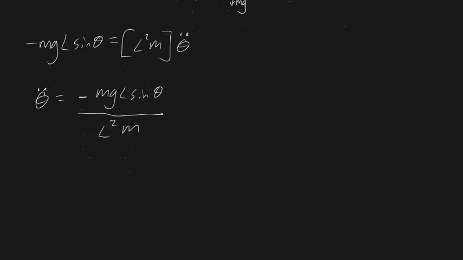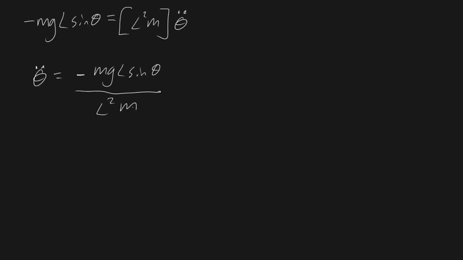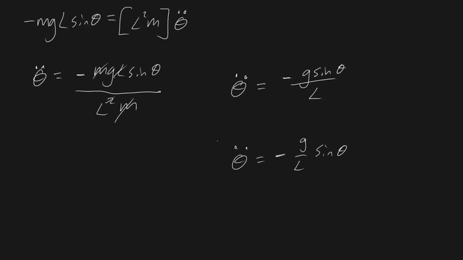Well, we're getting there. Let's see if we can simplify this a little bit more. Noticing that neither m nor L are 0, we can just cancel them from numerator and denominator, leaving us with the very familiar equation theta double dot is equal to minus g sine theta on L, or as written in previous videos, theta double dot is equal to minus the ratio of g to L, sine theta. That is our solution.